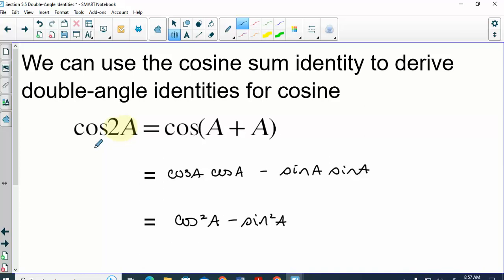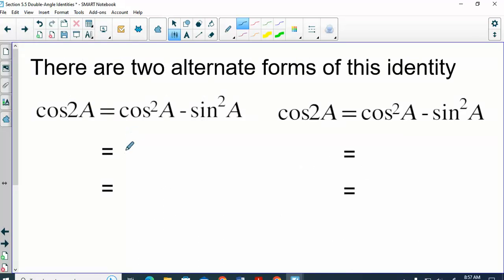We actually are going to get 3 different options for the cosine double angle because when we look at this, we know that if I take cosine squared, what could you replace cosine squared with? 1 minus sine squared.